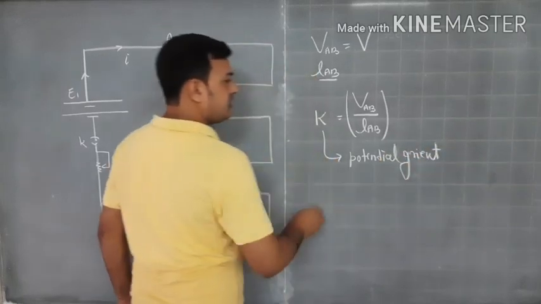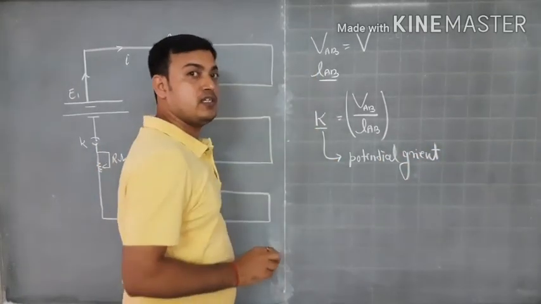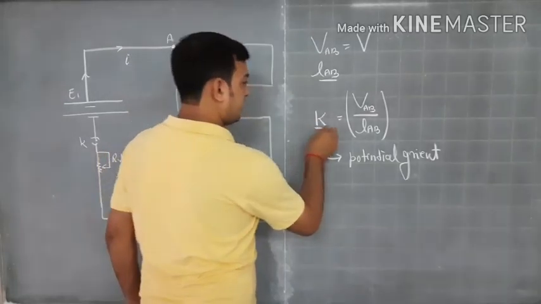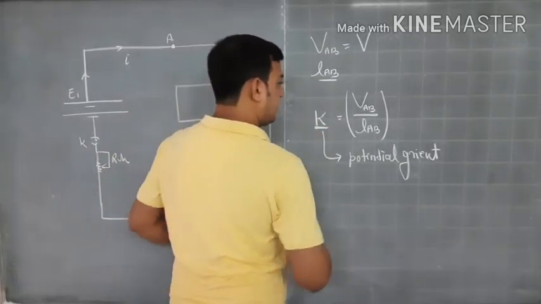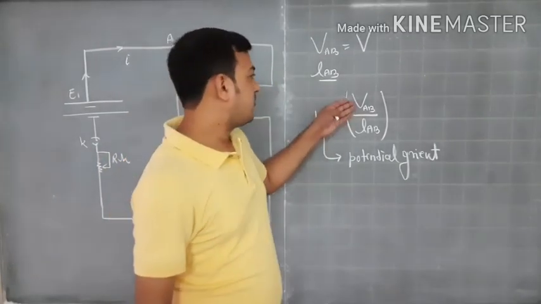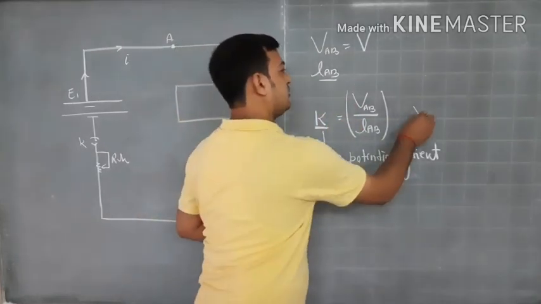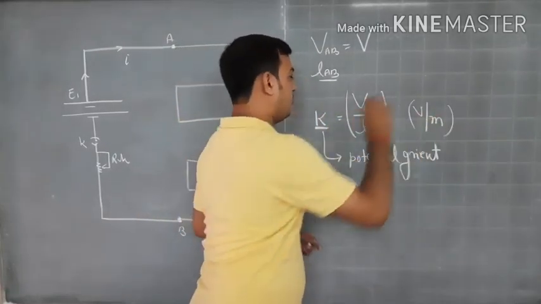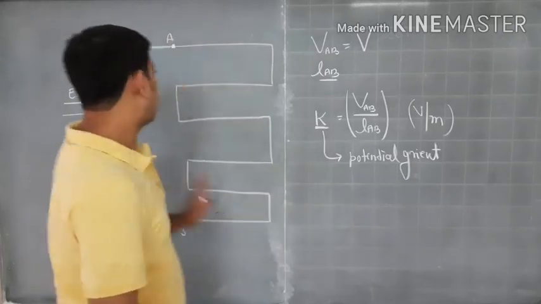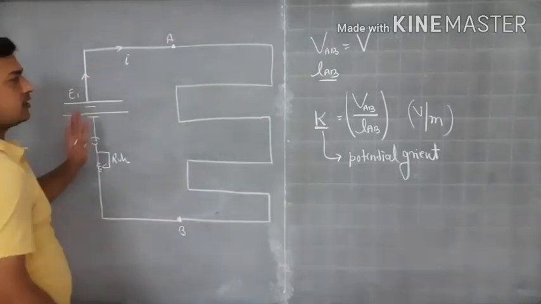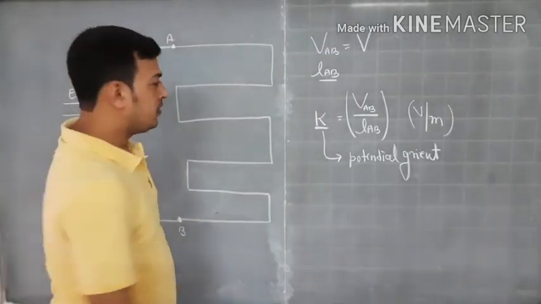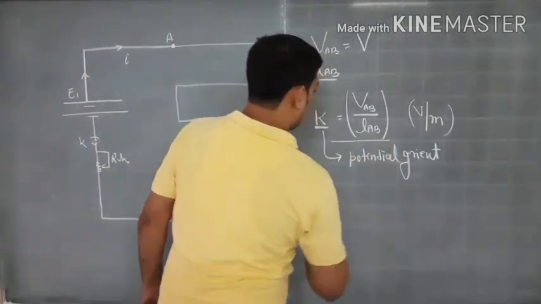If current is constant, then this potential gradient remains constant. The potential gradient is the potential drop per unit length, and its unit is volt per meter. It remains constant because the current from this battery is constant. So remember that this is the potential gradient.